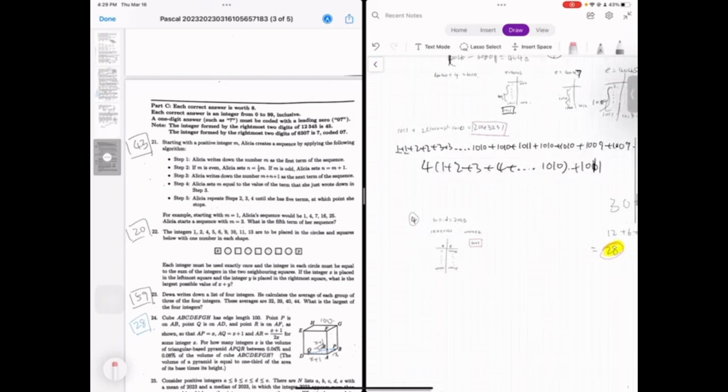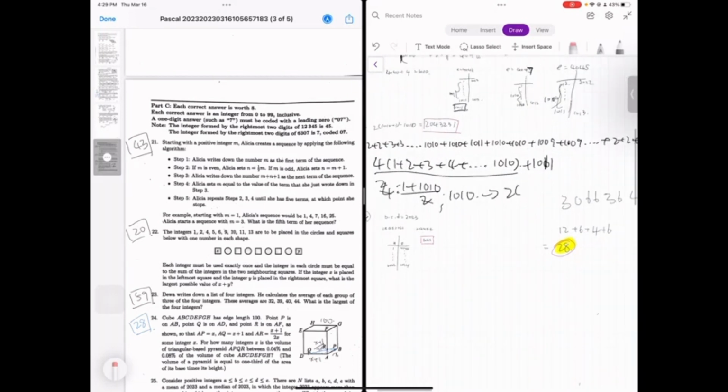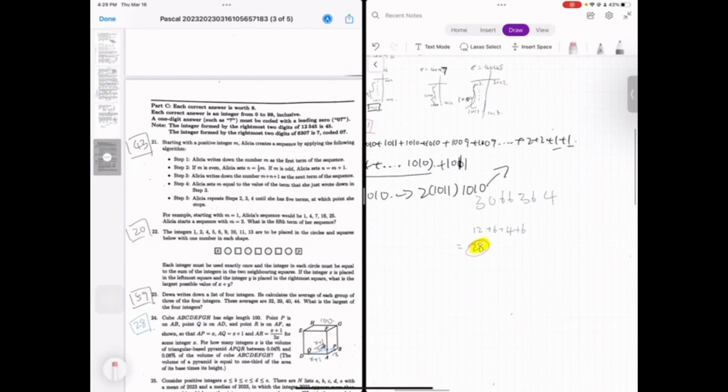So this equals 4 times the first term plus last term, divided by 2, multiplied by the number of terms. This is 2, and this equals 2 times 1011 times 1010, and this is 2042220.